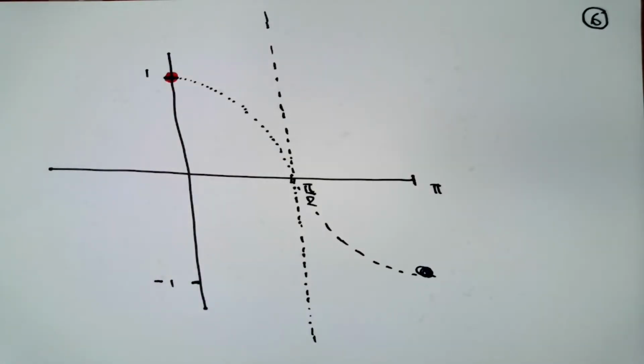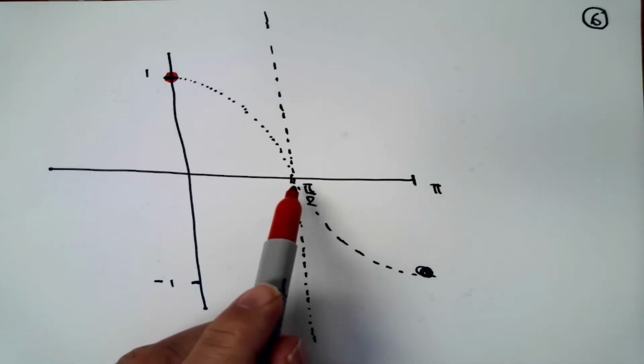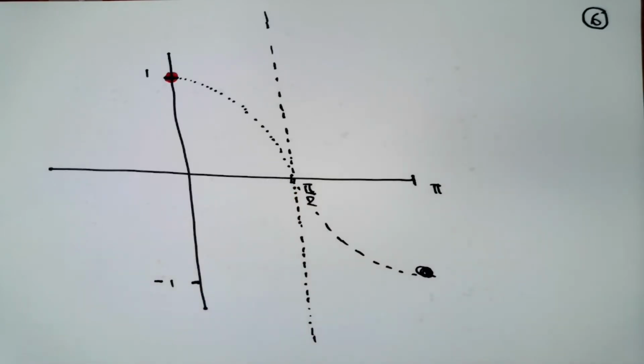On the graph of the cosine, it's at pi over 2 that the y-coordinate becomes 0. So between 0 and pi over 2, the cosine is positive but decreasing and approaching 0. The reciprocals of such numbers are positive, increasing, and becoming indefinitely big.